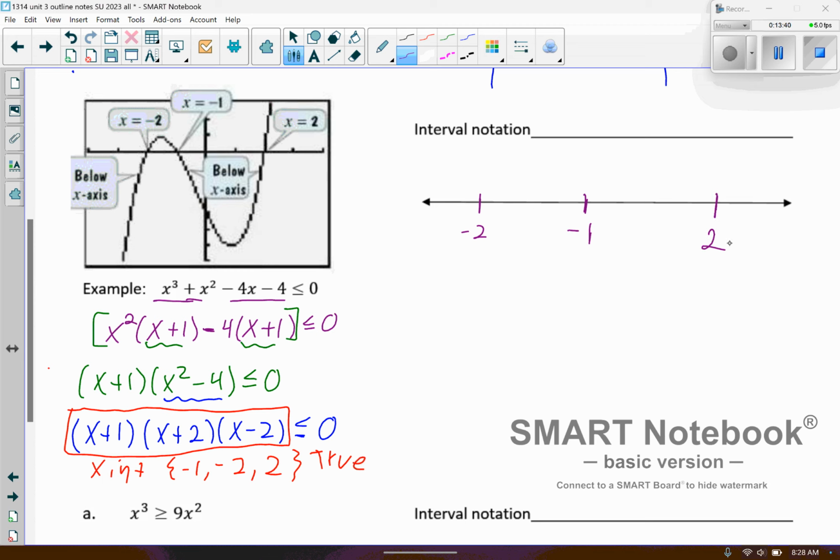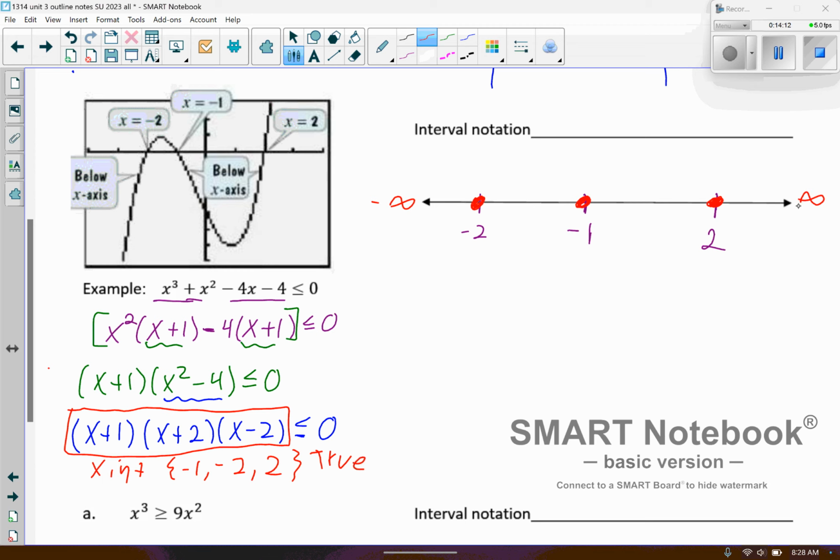So I've actually got 4 intervals I have to check. Now, I do know that all 3 of those points actually work, so I'm going to go ahead and fill in those. And I need to test something between -infinity and -2, between -2 and -1, between -1 and 2, and then from 2 to infinity.